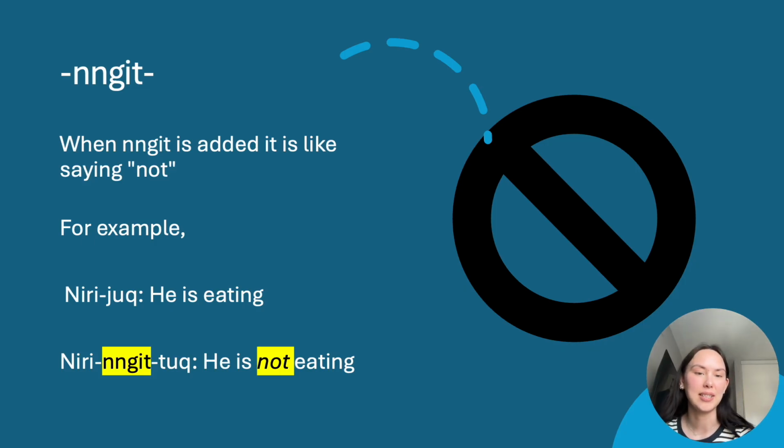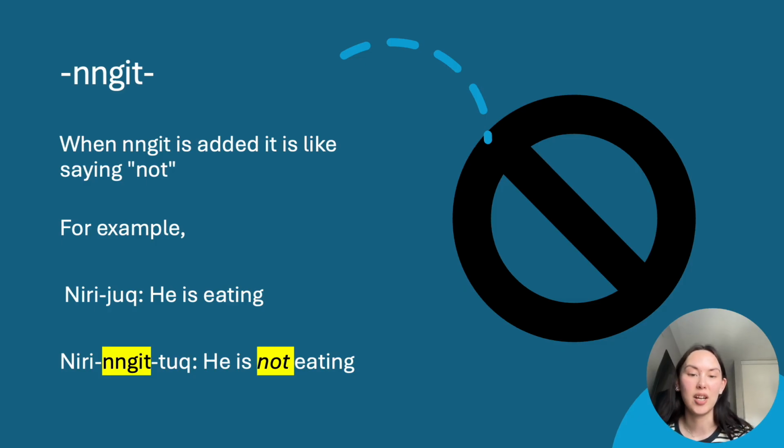So here's another example. So here we have nereyok. So remember, nere is to eat, and because nere ends in a vowel, we're adding yok. So nereyok, he is eating. If he is not eating, we're going to do the same thing and add ngit in between the root word and the ending. So now it's nerengitok. Nerengitok.